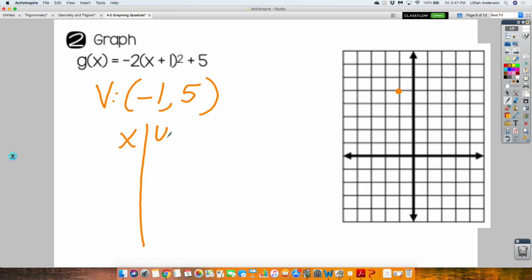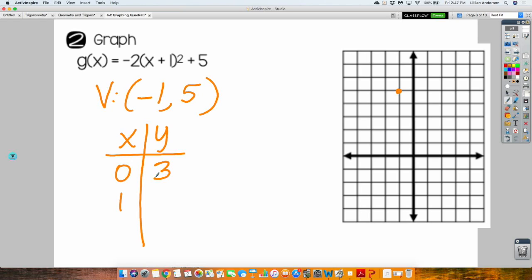I'm going to make a table for this one. What are some good points to plug in this table? 0 and 1. That way I can just reflect them over. Okay? I plug them into my original equation doing order of operations. What's 0 plus 1, squared, times -2? -2 plus 5? 3.